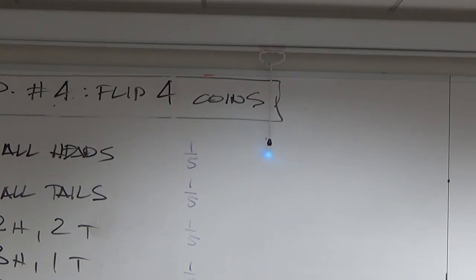Let's collect some data. How many of you got all heads? How many times did we actually see 4 heads in a row? So you went flip, flip, flip, flip, and they were all heads. 1, 2, 3, 4, 5, 6, 7, 8, 9, 10, 11, 12, 13, 14, 15, 16.